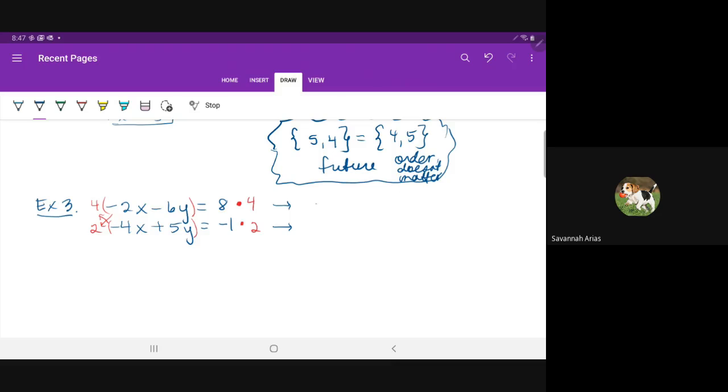So that's negative 8x, negative 24y, and 32. And a lot of people forget to multiply it by the second one. They'll multiply it by the negative 2x, and they'll multiply it by the 8, but they forget to multiply it by the negative 6y. And this one is negative 8x plus 10y equals negative 2.